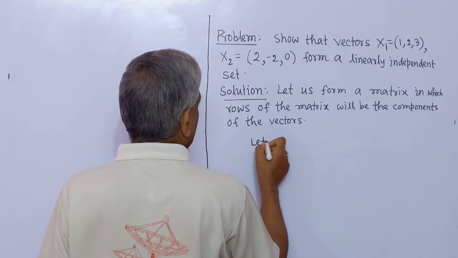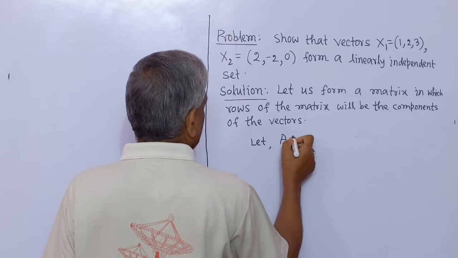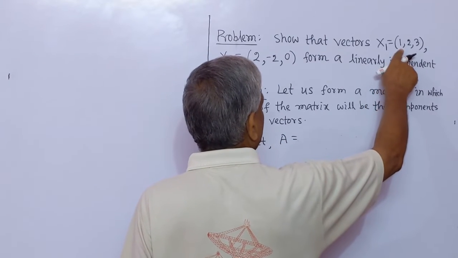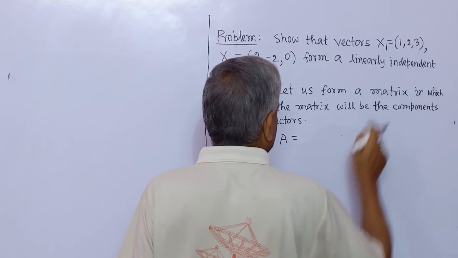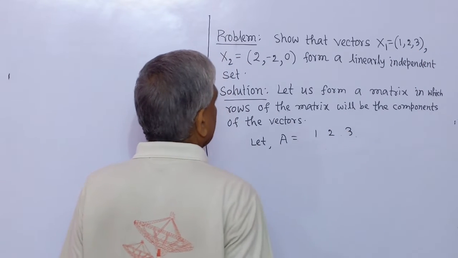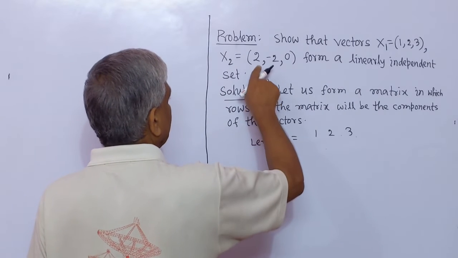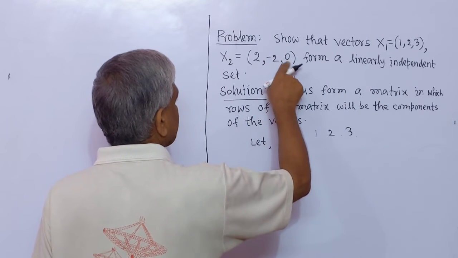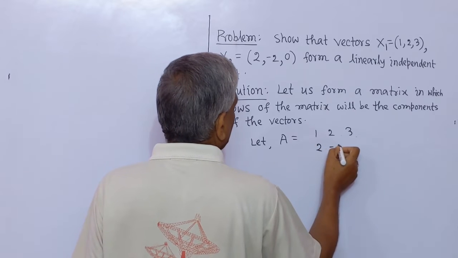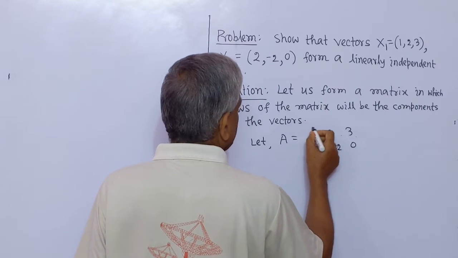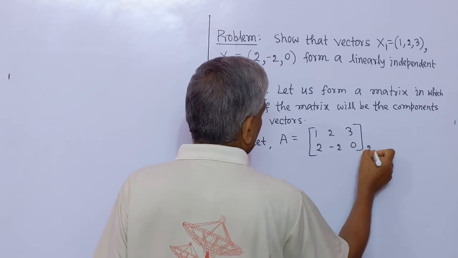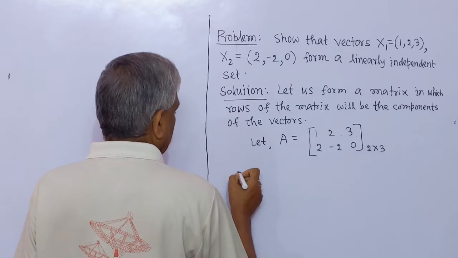Let A be the matrix. The first row of the matrix will be the components of the first vector, 1, 2, 3. The second row will be the components of the second vector, 2, -2, 0. This is a 2 by 3 matrix.